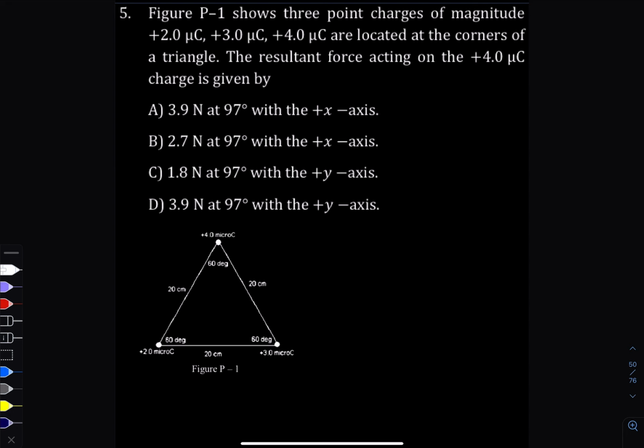So we need to really take into account the force created by each charge on the 4 microcoulomb charge. So this is the 4 microcoulomb charge on top. We're trying to find the force by both of them. So there's going to be a force this direction by this charge, and there's going to be another force in this direction. And they're all positively charged, so that's why they're pushing out on it, because they repel it.